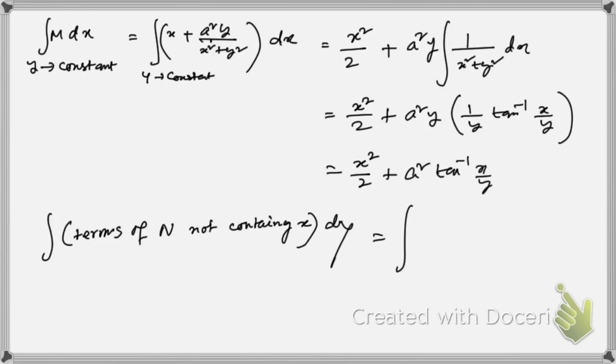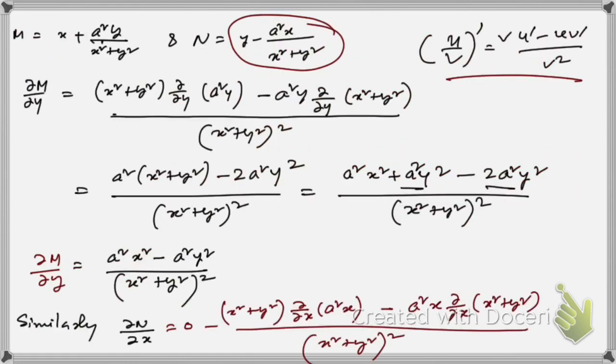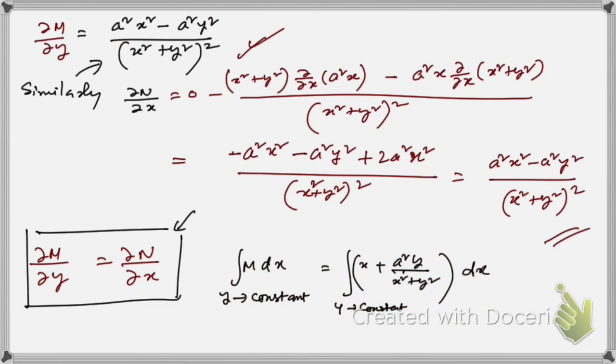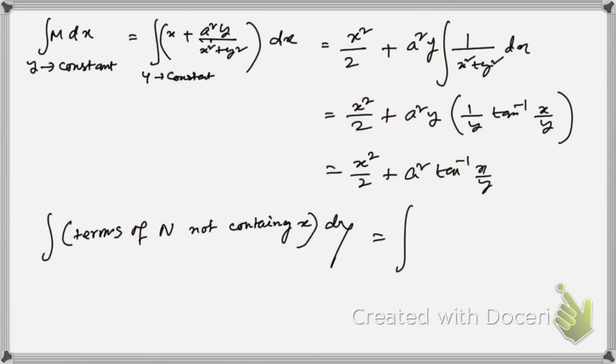So here, let me go to the value of n. Here you see, if you see the value of n, there is only one term which doesn't contain x, that is y, right? So we will integrate this term of n not containing x, that is y here. In this case, integration of y dy, that's going to be y square by 2.